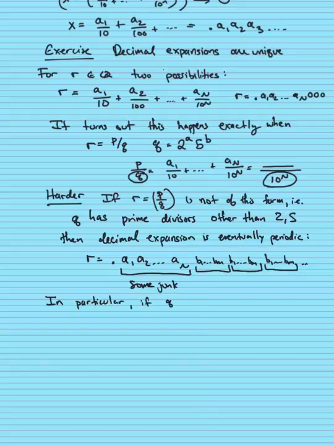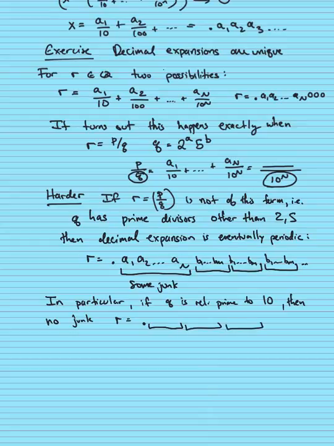In particular, if q is relatively prime to 10, then there's no junk. What this means is that you just get a repeating term.